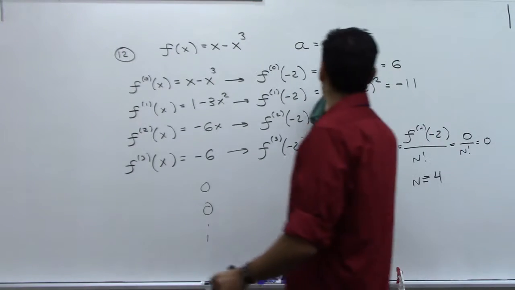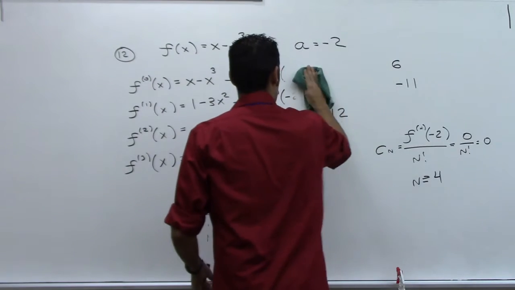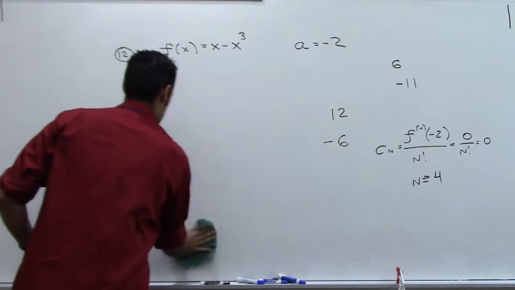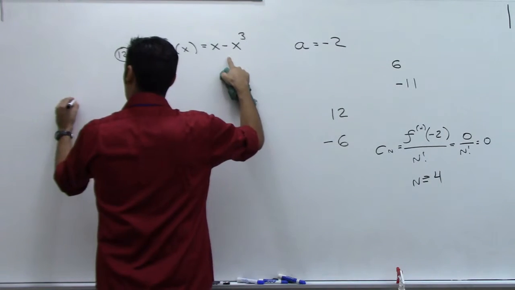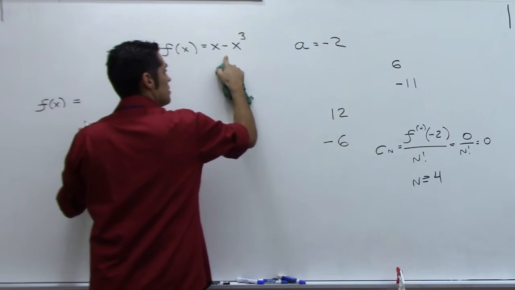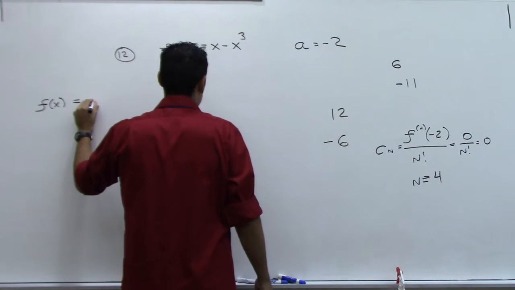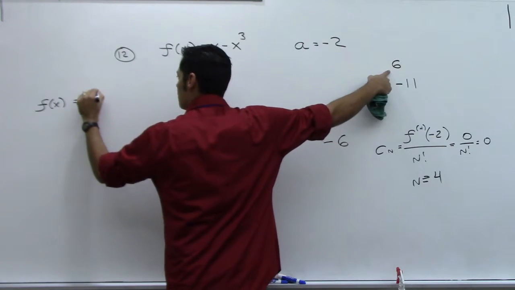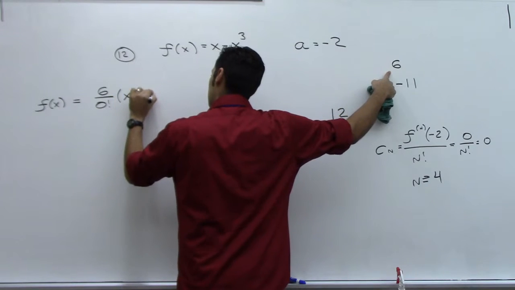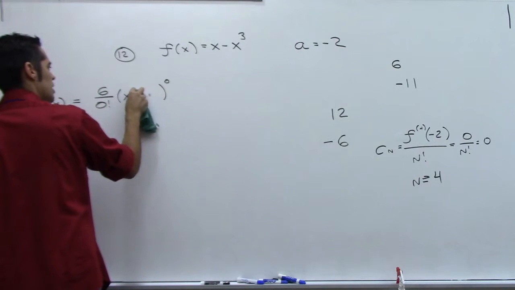So let's go ahead and write down the power series here. I'll leave these numbers here so I can refer to them in a minute. So this should be equal to this function. The Taylor series of this, about this, is going to be c sub 0, which will be this number, 6, over 0 factorial, x minus a to the 0. Now, this is going to be x plus 2, so I'm just going to change it now.